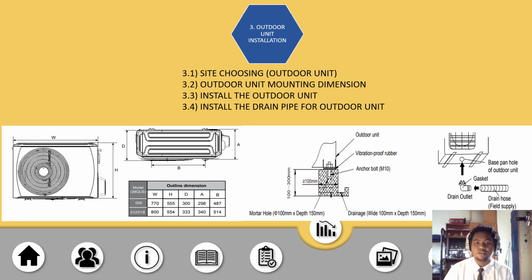Okay, so for the third step is outdoor unit installation. Before that, we found the site for the indoor unit. Now we need to find the site for the outdoor unit.